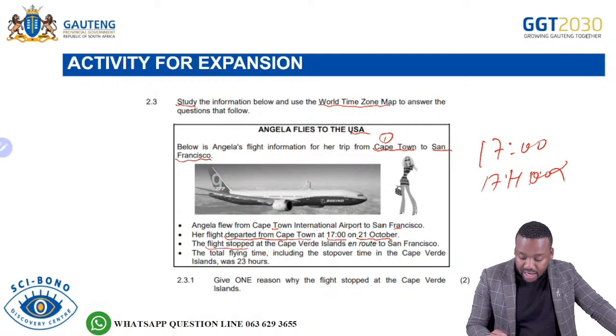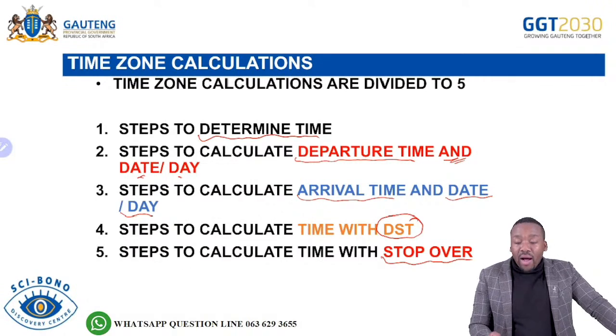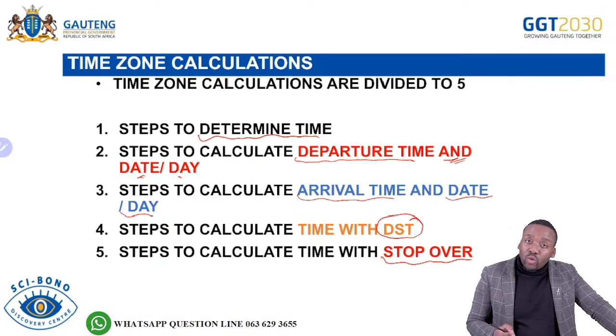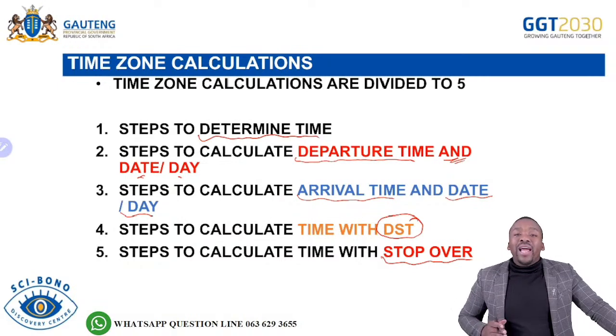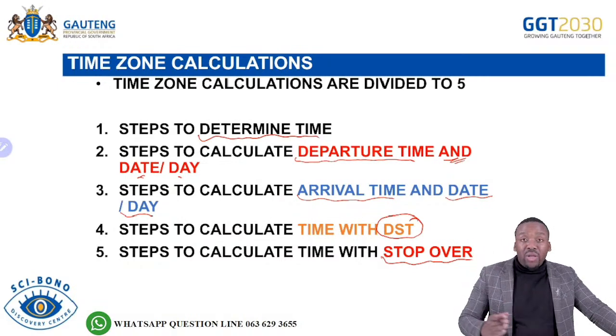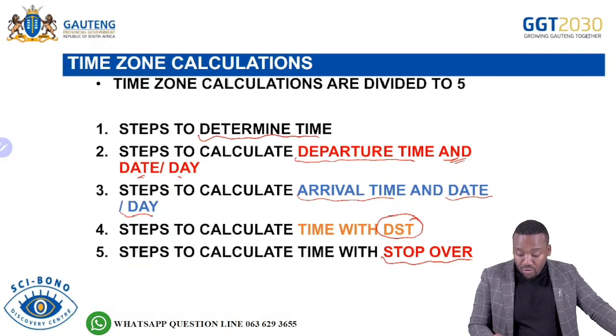Hence I said when I was doing this, I'm going to teach you steps on how to calculate time with a stopover. What is a stopover? It is when your flight has to stop and then you wait for an hour or two so that you can take another flight. So when you don't have a direct flight from one place to the other, then you will take another flight via another airport. So a stopover, we added.